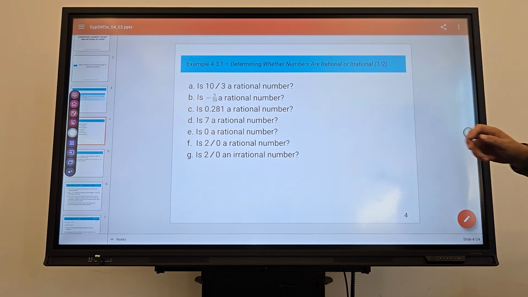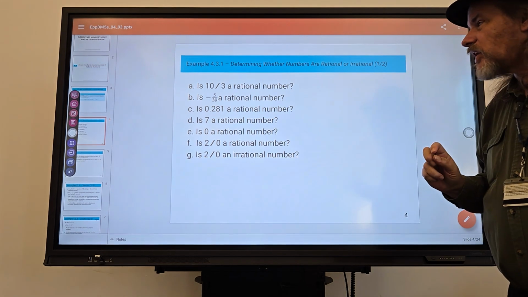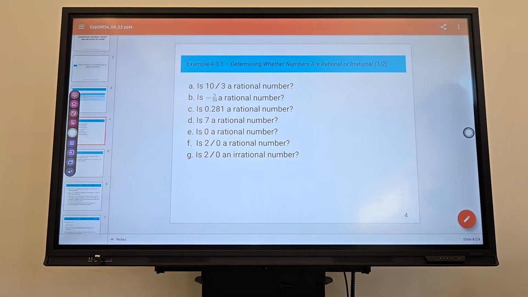Same with 5 over 39, and 2.281. It's 281 over 1,000, so it's a rational number as well. 7? 7 over 1. 0? It's 0 over 1. It's two integers.